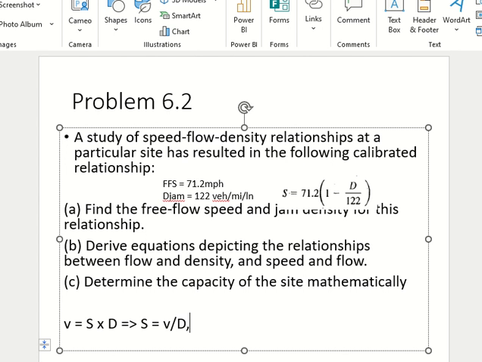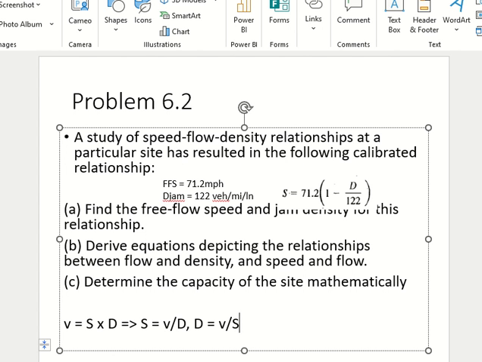And what about the other one? D equals V by S. Both of them will be put in the first equation, the given equation, one by one. First you will put this one, replace S, then you will put this one, replace D. Then you will expand the equation. If there are any constants, divide, multiply, whatever, then you come up with the final equation.